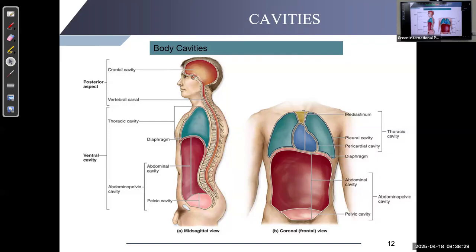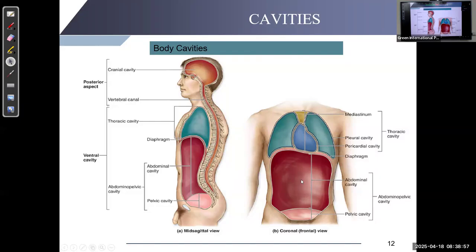Then, where do we say the heart is situated? Yes, this is the mediastinum region. Then what we have is the diaphragm. Diaphragm is used when we breathe. Yes, it is the lower lying muscle. Okay, diaphragm.